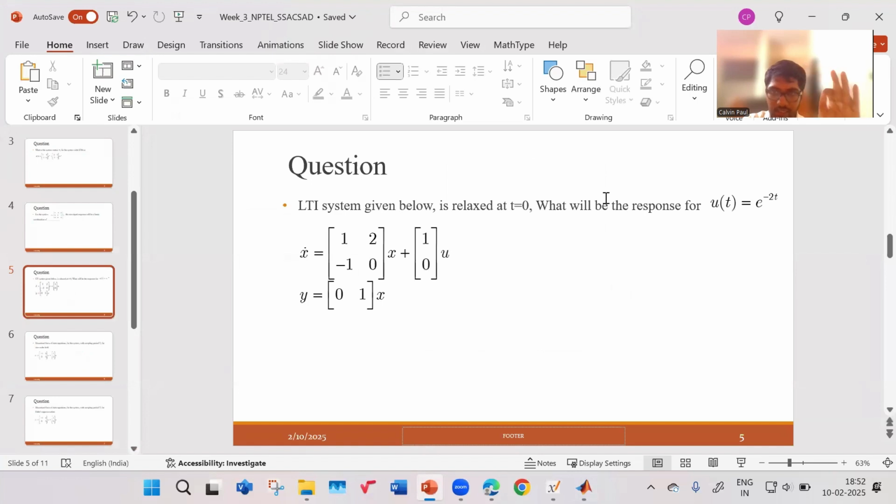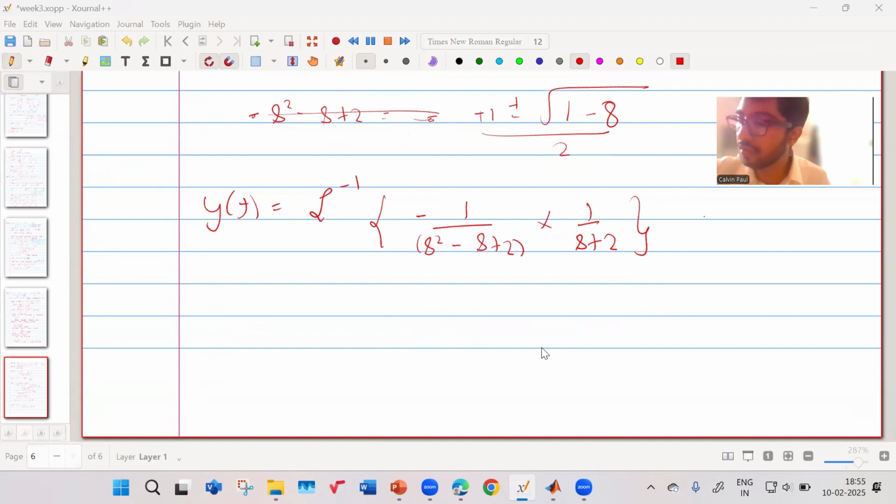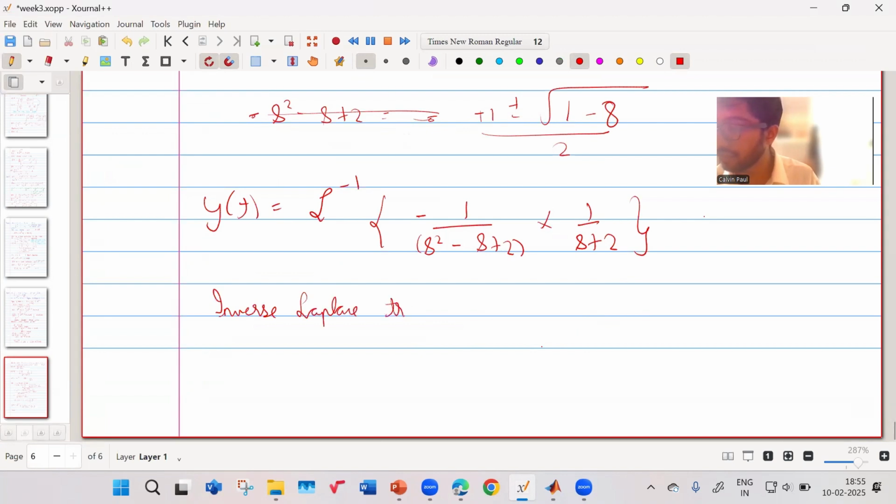So the initial condition is 0. So I can just apply the Laplace transform and I can get this equation. Okay, and there's this code also, which I've written. So for this, the inverse Laplace transform was computed by MATLAB.